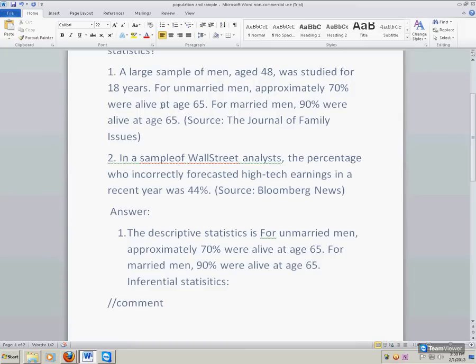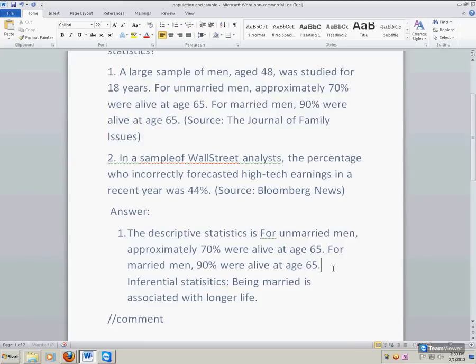If 70% were alive at 65 among unmarried men, there has to be something bad with people who didn't get married. So my conclusion will be that being married is associated with longer life. So, well, let me leave it at that.